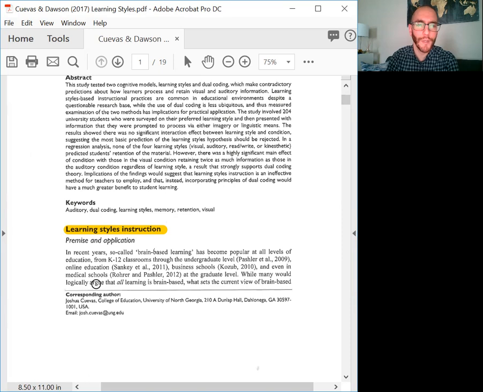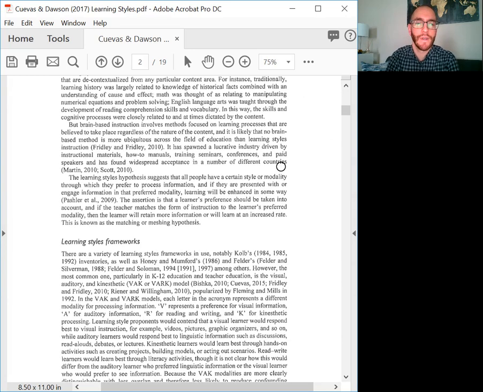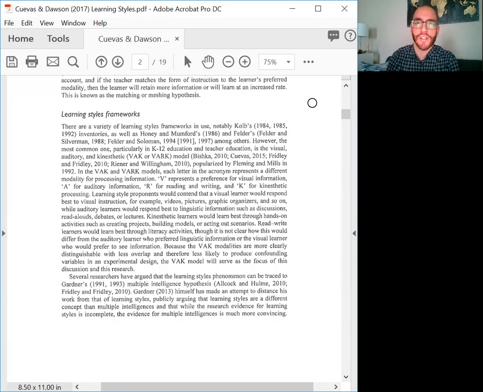So it might be helpful to read this part of the introduction where the authors talk about student learning styles, previous research about attempts to actually reliably and in a valid way see if we can determine if people are actual visual, auditory, or kinesthetic learners. And then some of the past research assessing this matching hypothesis.